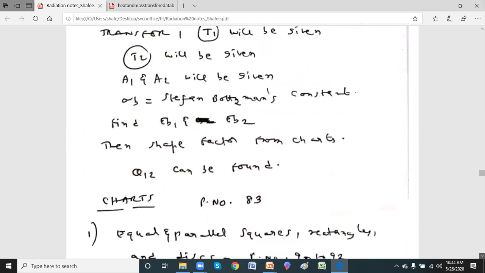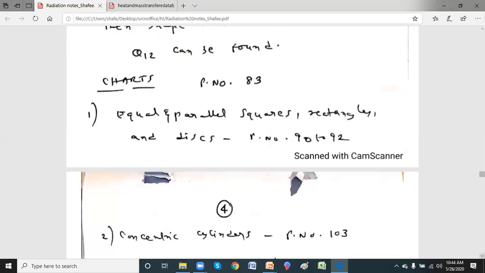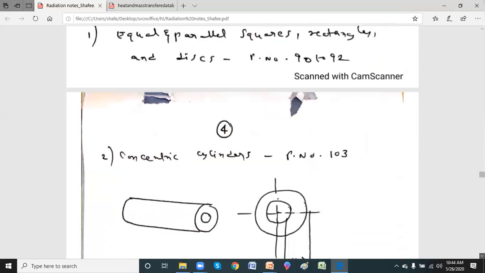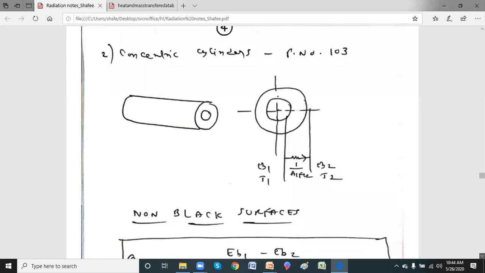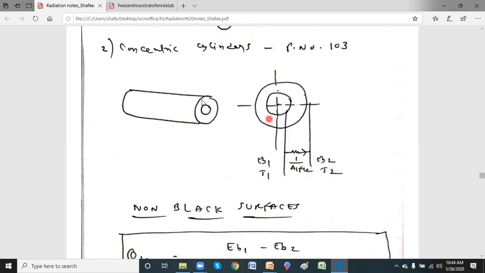Now you have plenty of things available in your data book, charts, so how to take the data for parallel rectangles, perpendicular rectangles, then coaxial cylinders, etc. If there are two coaxial cylinders where I need to find the radiation transfer, I can depict this with the help of electrical network analysis like this.